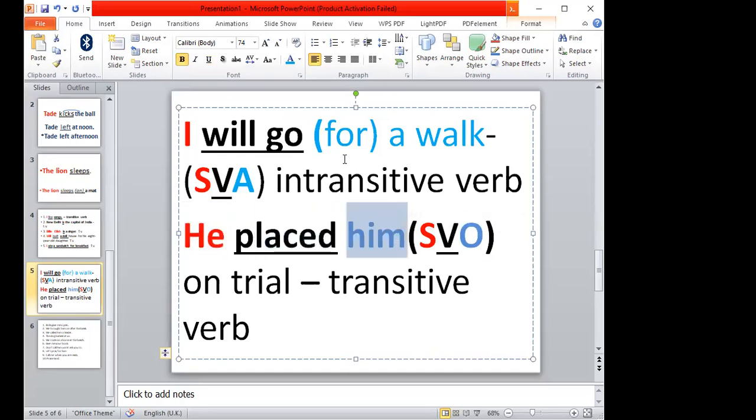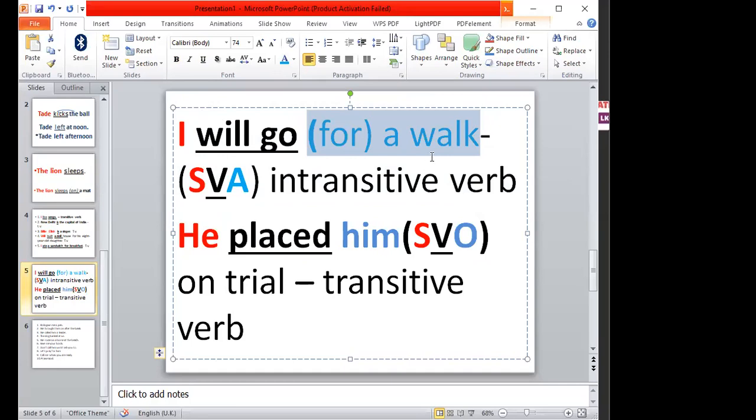But for the first one, what we have here is a subject, verb, and adverbial constituent. This is our subject, this is our verb, and this is our adverbial, because what you have here is a prepositional phrase. So that is how you can differentiate an intransitive verb from a transitive verb.